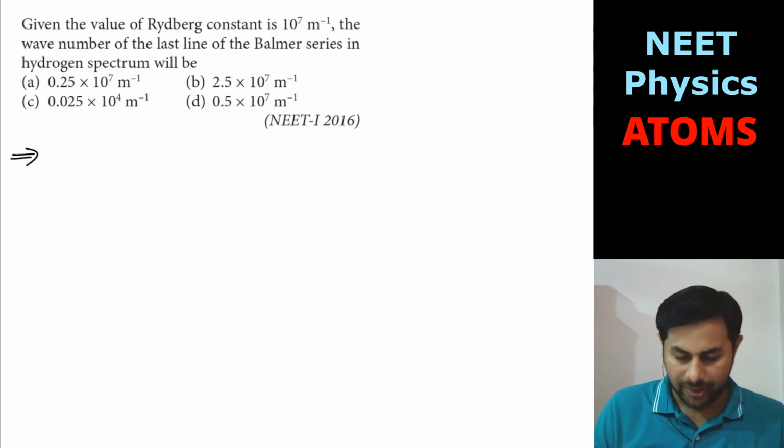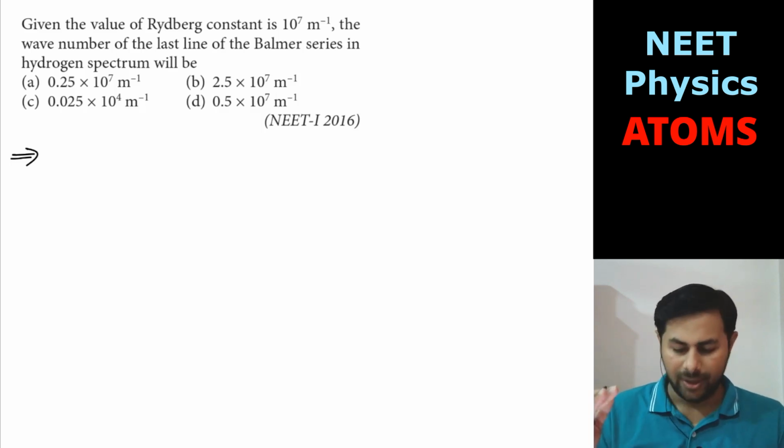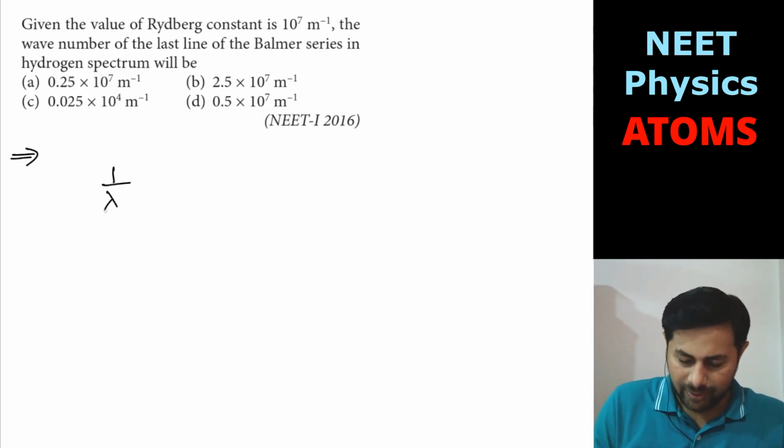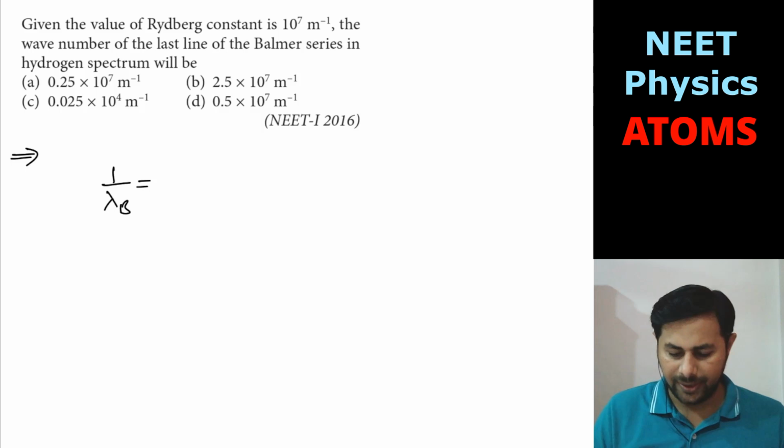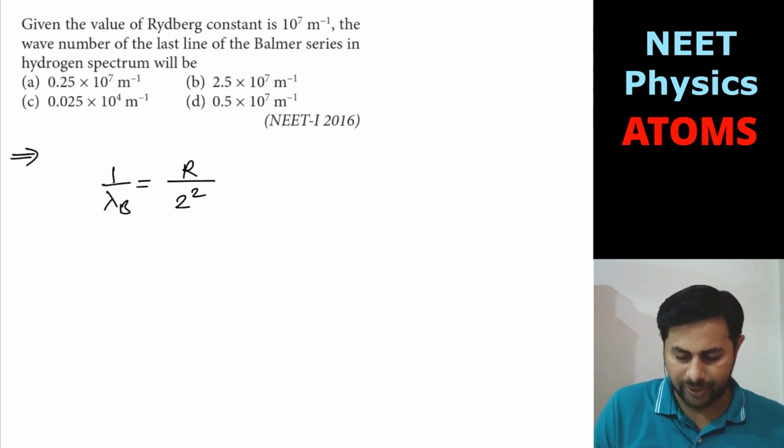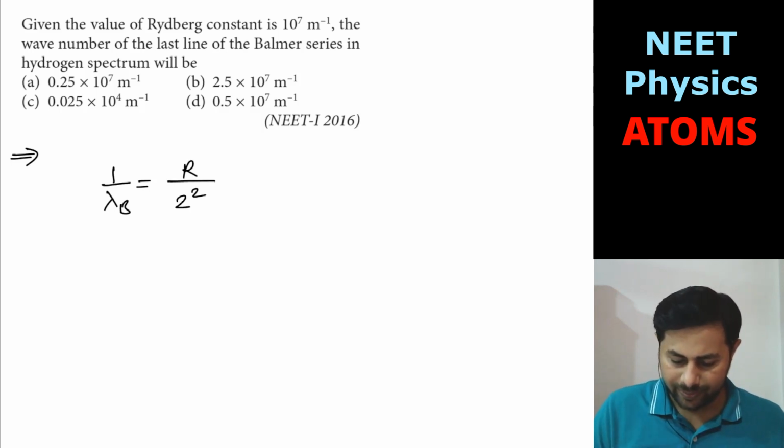This is very simple. Last line means electron is jumping from infinity. First line means electron is jumping from just next orbit. So 1 by lambda for Balmer last line is equal to what? R divided by 2 square. That's it.